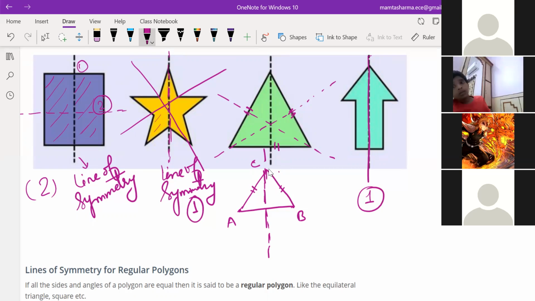Ma'am, A to B. If I draw like this, they would not be equal. Why?